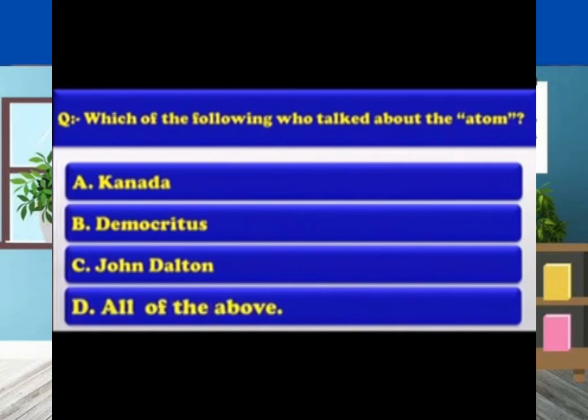Then next question, which of the following scientists talked about the atom? We have three names of scientists: Kanada, Democritus, John Dalton. Here, who told about atom? We know that the answer is all of the above. All scientists told about the atom.